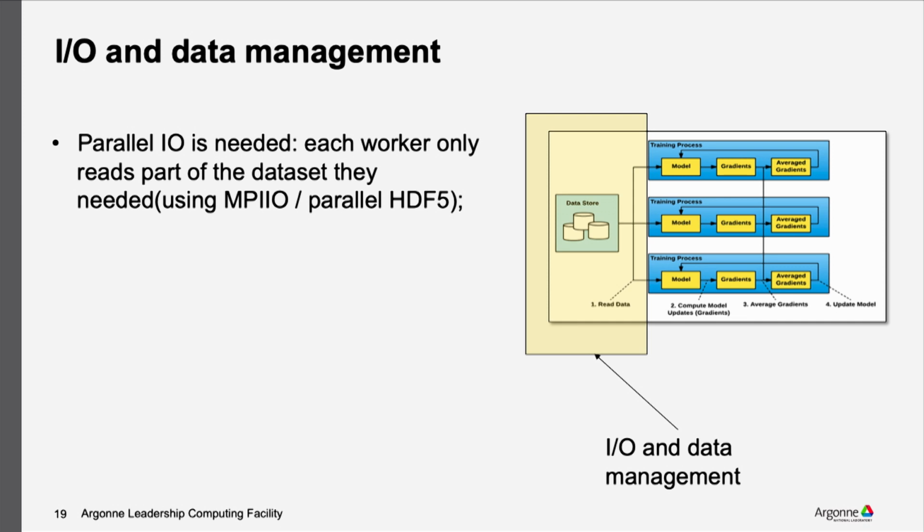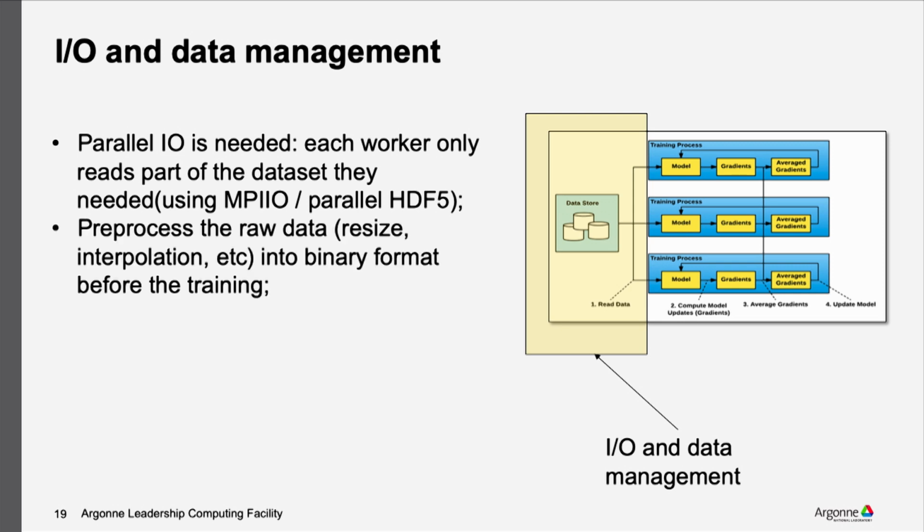And lastly, I want to talk a little bit about the I/O part. We know that we distribute this training, and the compute part is distributed across different workers. But in the I/O part, we also need to be very careful that the loading of the data also needs to be in a parallel fashion. So typically, we need to use some MPI I/O or parallel HDF5 for your own scientific problems.